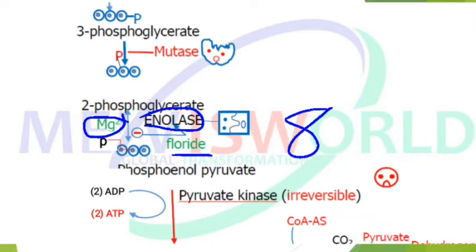Now, as a medical lab scientist, you are given a blood sample of a patient. You are meant to check the blood glucose level. The first thing that comes to your mind is to add fluoride to the glucose sample. Why? Without adding fluoride, there will be no inhibition at this point. The glucose will keep on degrading.